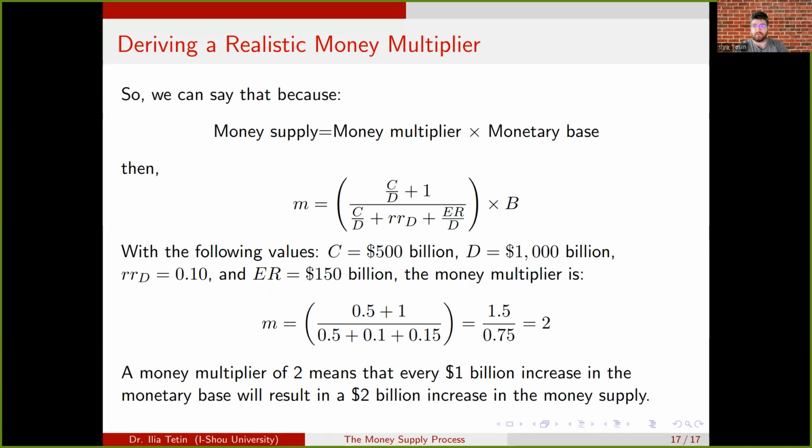And of course, in ideal situations, if customers and banks spend all the reserves and all the checkable deposits they have, then the money multiplier will be the inverse of the required reserves. So if the required reserve ratio is 0.1, then the money multiplier will be 10, which is much higher. But regularly, it won't be that much.